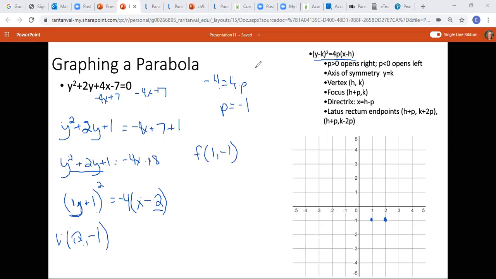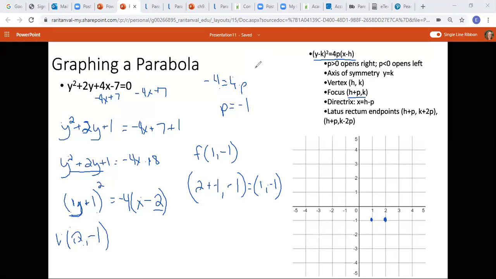If I want to do that algebraically, it's h plus p. So my h was 2 plus negative 1, comma k, negative 1. So this is equal to 1, negative 1. Okay?